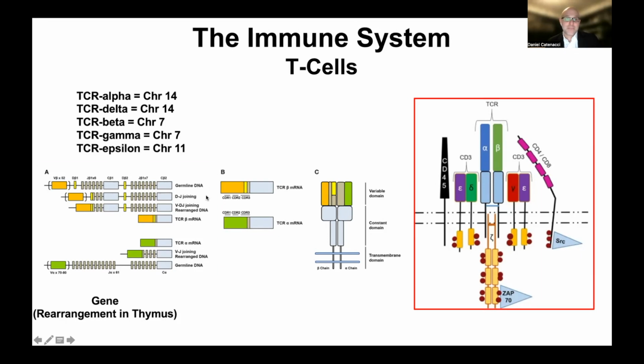So as an example, the TCR beta gene, which again is on chromosome 7, is a sequence of a whole bunch of exons, they're called, on the DNA. And through a process of rearrangement of the DNA, different parts of this gene are selected and other parts are spliced out and removed or deleted over time.